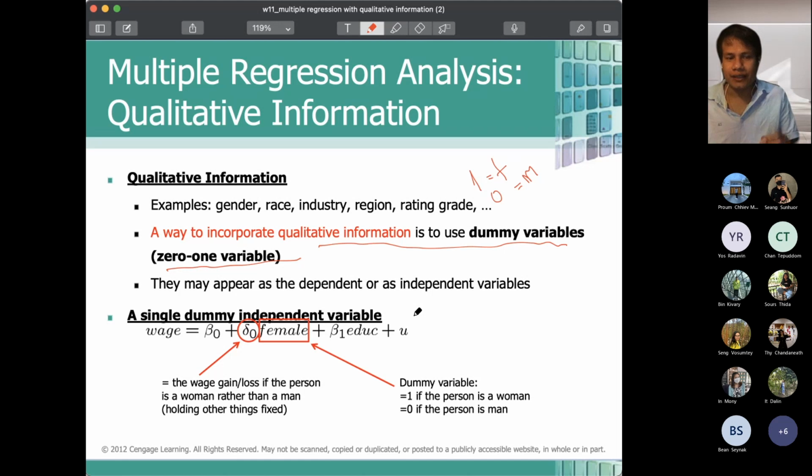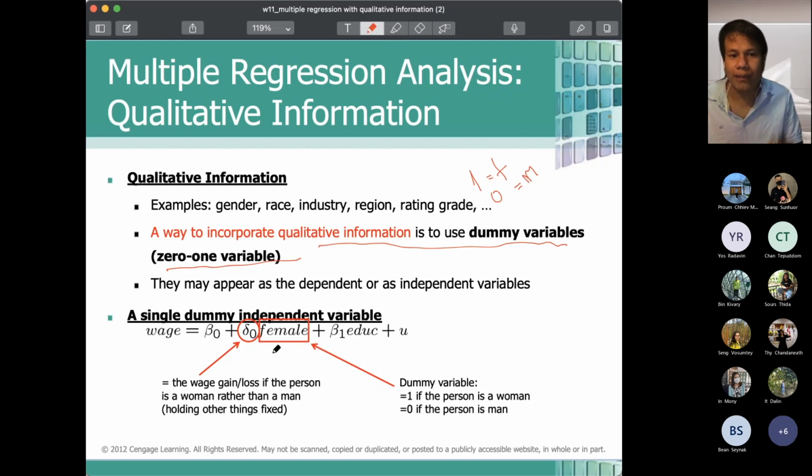All right? So let's have a closer look. Here I have an example, a wage equation. We basically want to assess the effect of education on wage. But we learned that because of the nature of the job, gender may also influence wage, right?